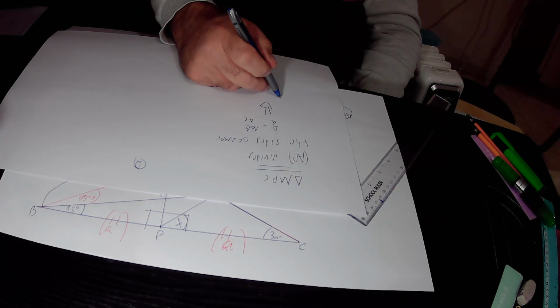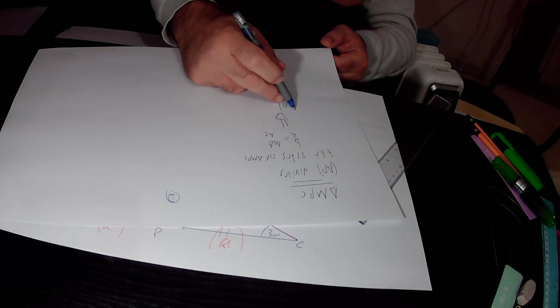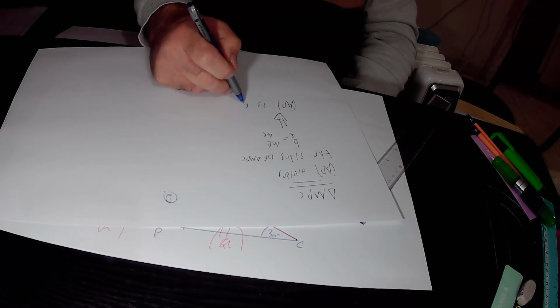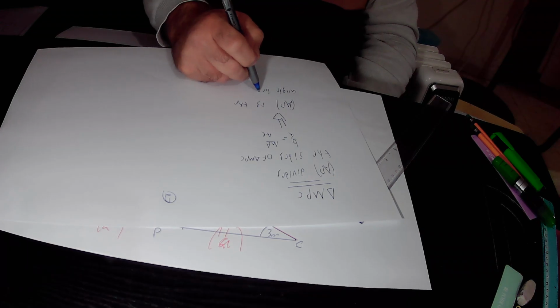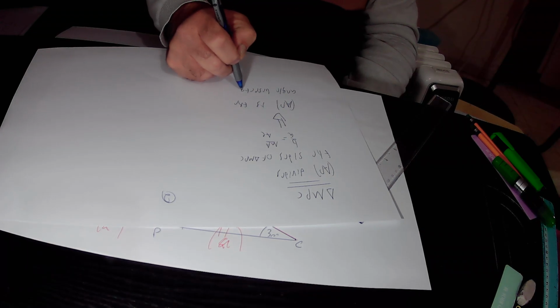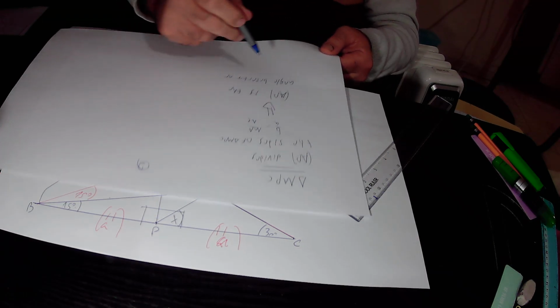So line segment AP is the angle bisector of this right triangle MPC.